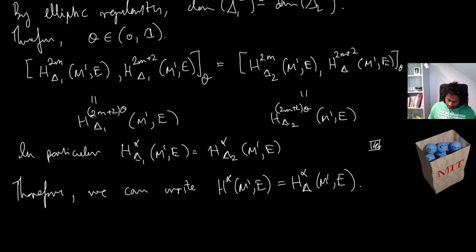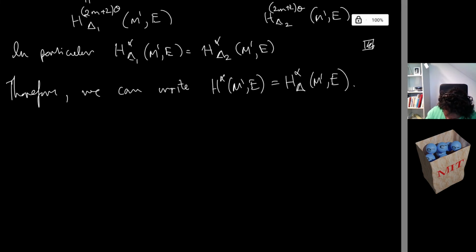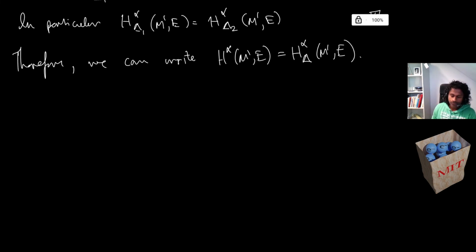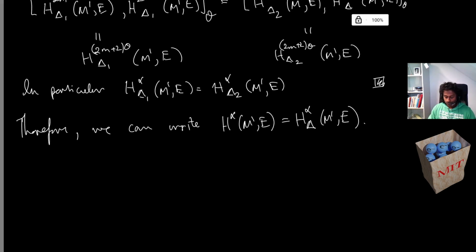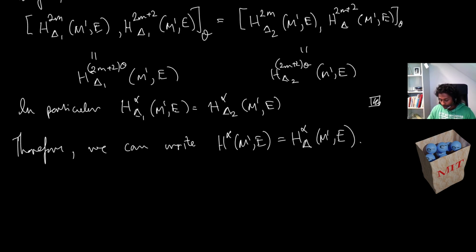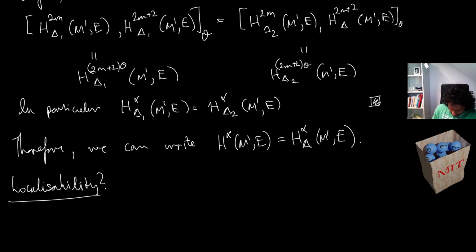So, I also talked about localizability. What could we have done? Could we have gone through a local approach to building these spaces, right? The problem is that, as I said before, these Laplace alphas in R^n, so when we're looking at the R^n picture, are not local operators.